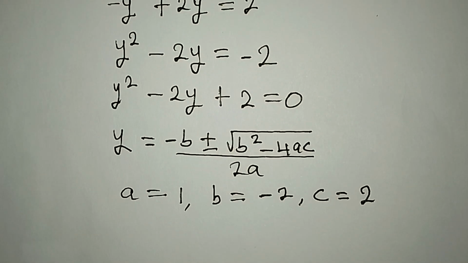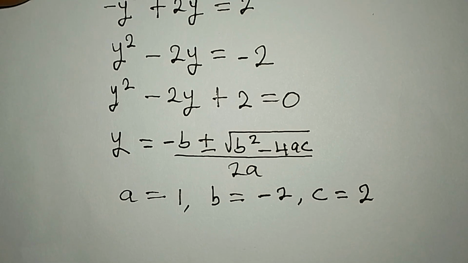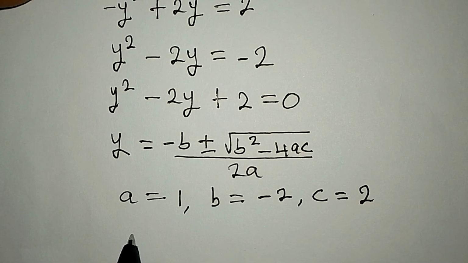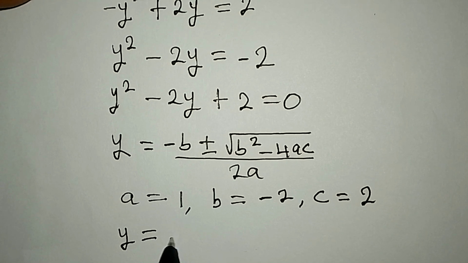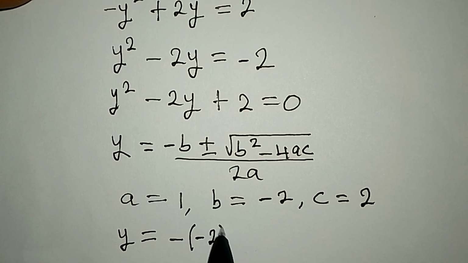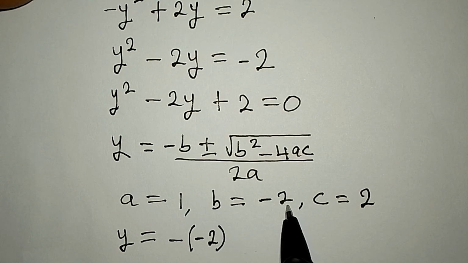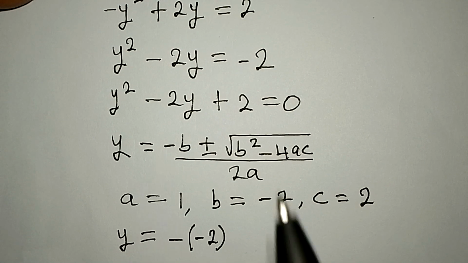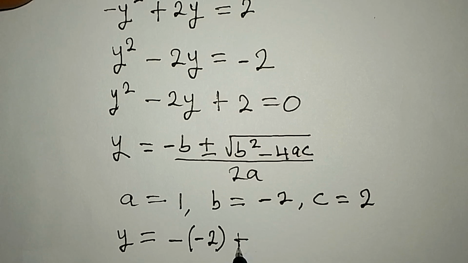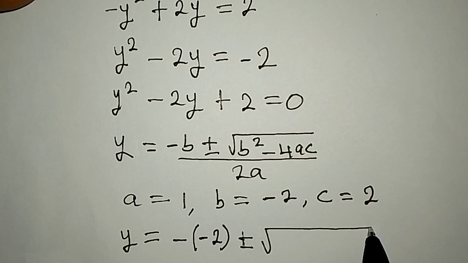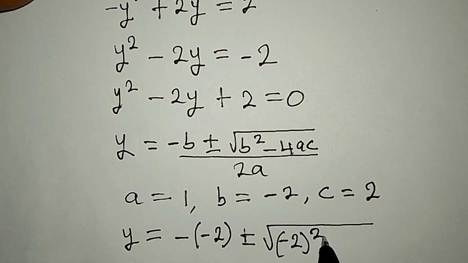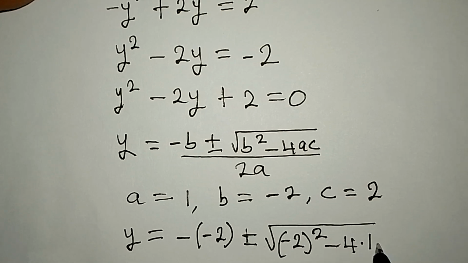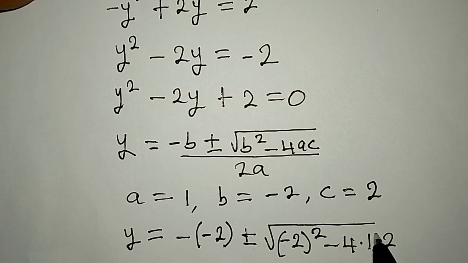Now, what do we do? Let's substitute directly into the formula so that y is equal to, in place of minus b, minus 2, because b itself is minus 2 and there's a negative over there. Then plus or minus, open bracket, minus 2 squared, then minus 4 multiplied by a multiplied by c, and our c is 2.